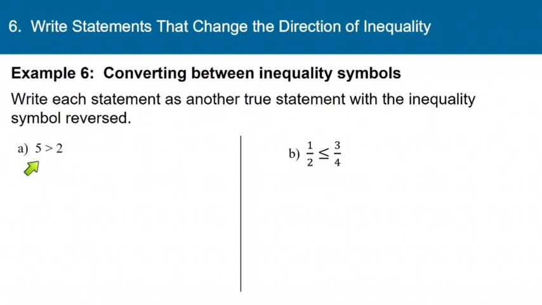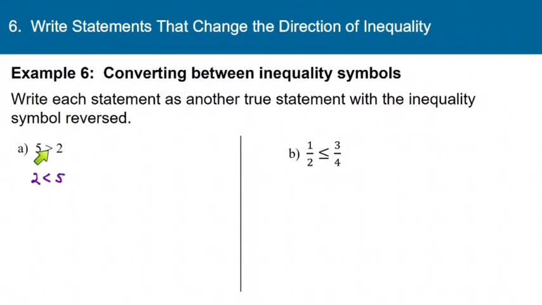Instead of saying 5 is greater than 2, let's restate this with a less than symbol. If 5 is more than 2, that means 2 is less than 5. Now these are easy to keep straight because the pointy end of the symbol is going to keep pointing toward the same number because we don't want to change the meaning of the statement. We just want to change the way it's said.